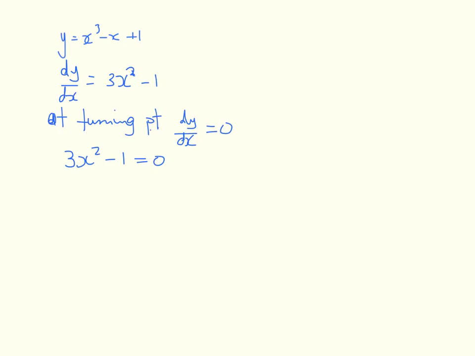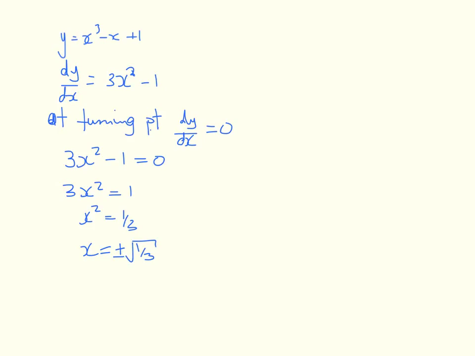Now, quick job of solving for x. So I will bring the 1 over, then divide by 3. So we're going to have 3x squared is equal to 1. x squared is a third, which means that x is plus or minus the square root of a third. We're not going to work this out, we'll just leave it as plus or minus the square root of a third. Just remember, when you're finding a square root, it's always the plus or minus.